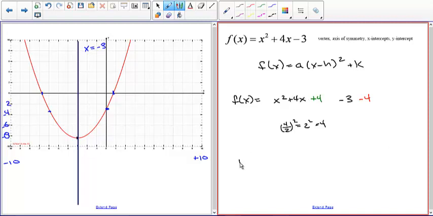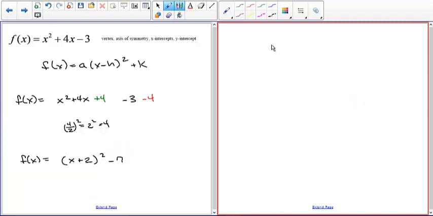So now we can take the first 3 terms and write that as a complete square, and it's going to be (x plus this number, 4 divided by 2, which is 2) squared. And -3 minus 4 is -7. So now it's in standard form.